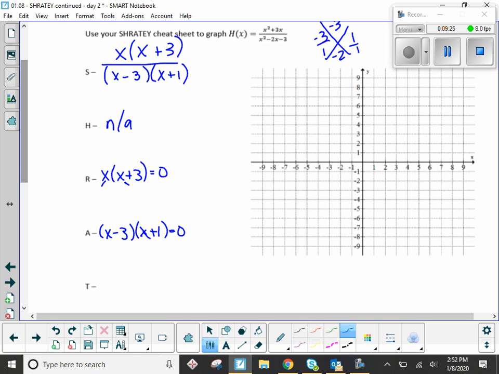Then each of those factors get set equal to 0 and solved for. But here's what I need you to ask yourself on these parts. Once you find your 2 numbers for the root, you have to remind yourself, oh, the roots are points. Miss F wants me to write those as ordered pairs for full credit. Okay? And so you need to write these as XYs. So that means this.